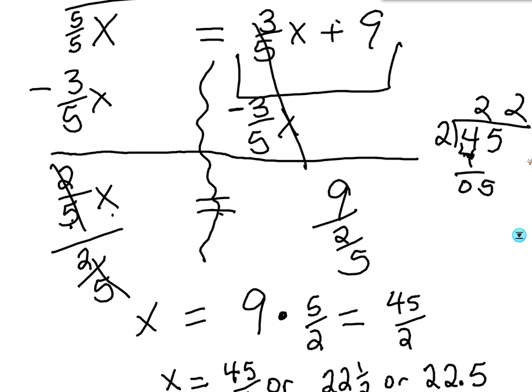9 divided by 2/5: to divide by a fraction, you multiply by the reciprocal of that fraction, and you multiply straight across. 9 times 5 is 45, 1 times 2 is 2. 45 divided by 2, I start to do the math up here, and I got 22.5. You can leave it at 45 over 2.